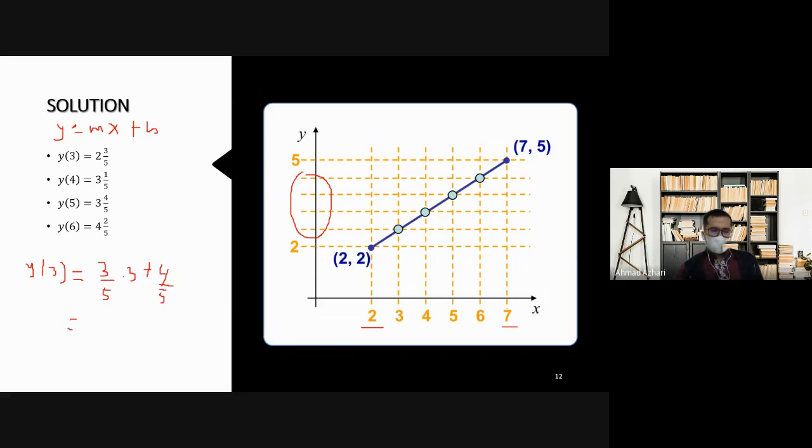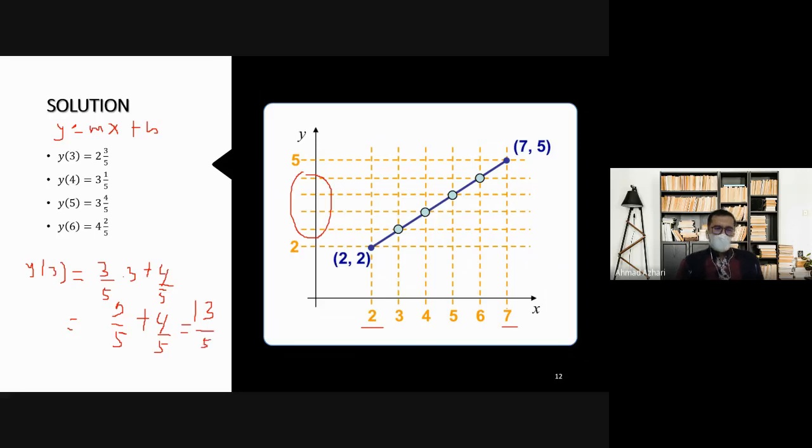You can multiply first: 3 divided by 5 multiplied by 3 is 9 divided by 5, plus 4 divided by 5, which gives 13 divided by 5.